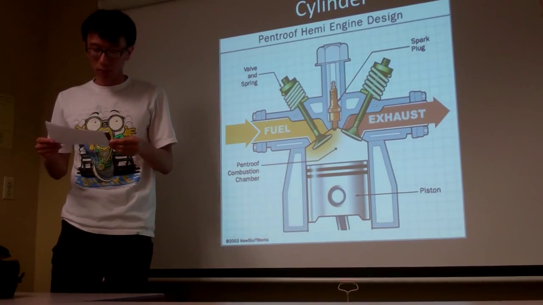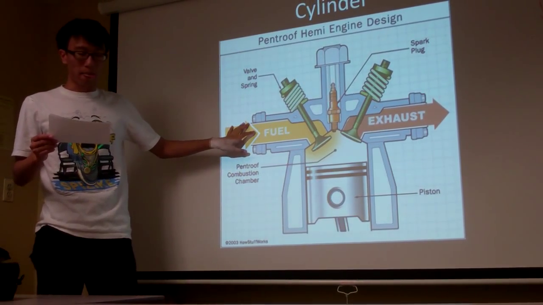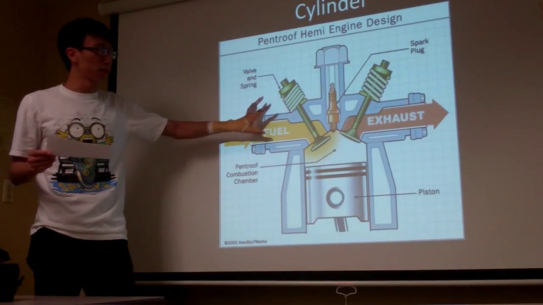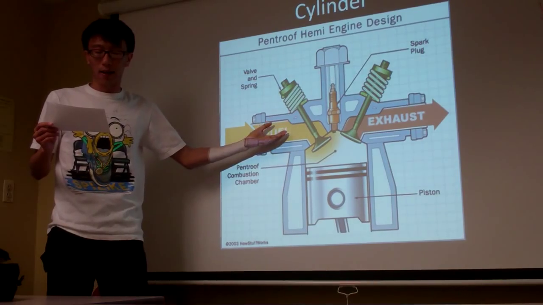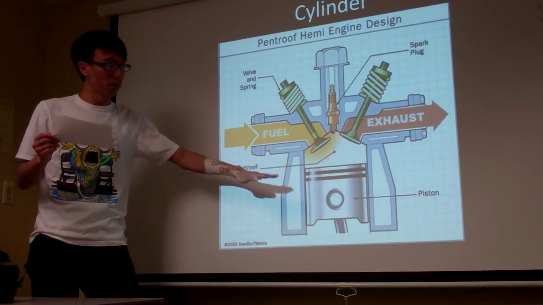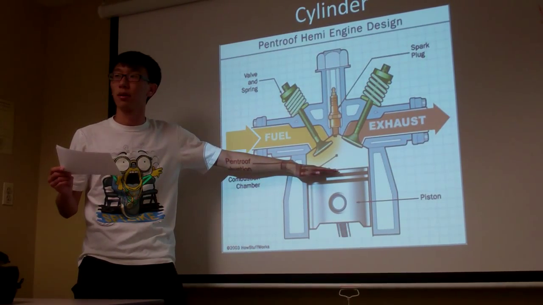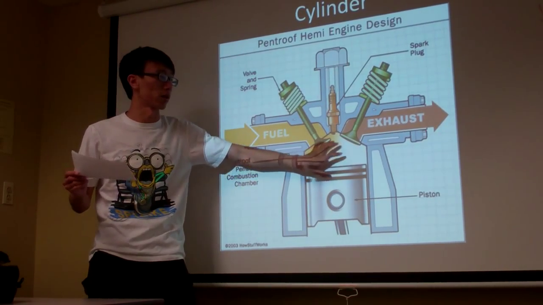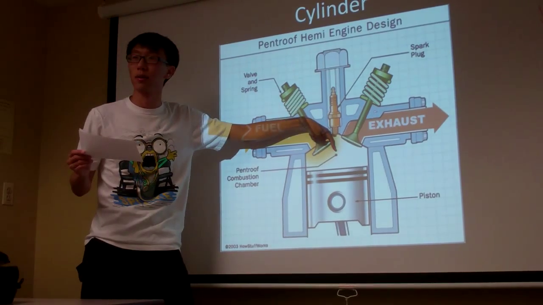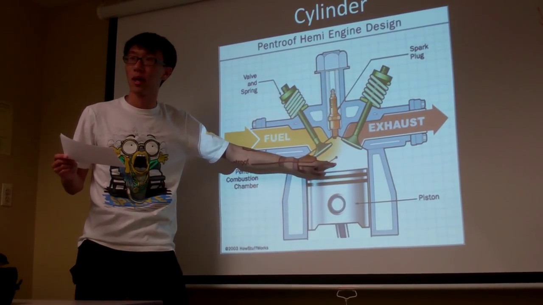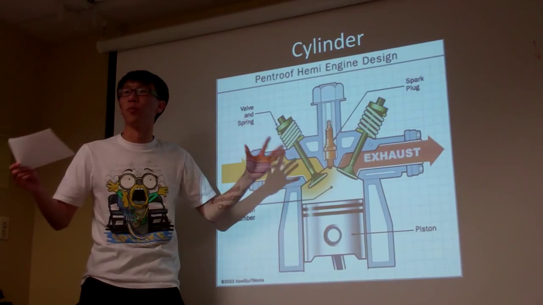The process is: first, the cylinder will intake the air, then compress the air to increase the pressure in this structure, and spray oil, and spark it, and it will boom.